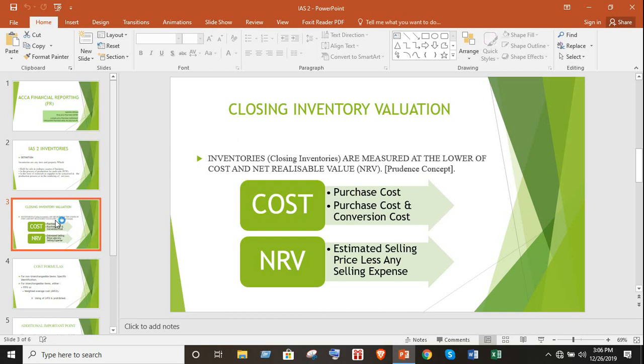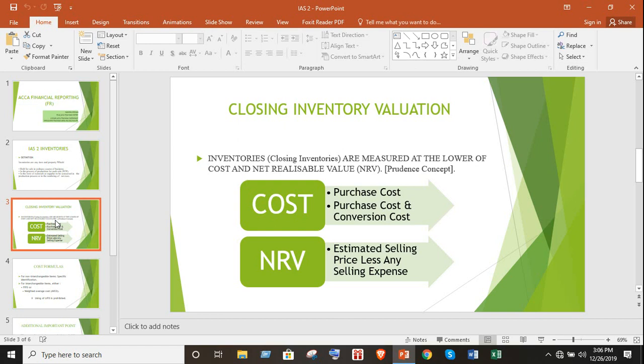What does cost mean? Cost means, for the inventory you have purchased or produced, all the attributable costs that are directly related to bringing the inventory to its current condition. When you identify the cost, you can consider the nature of business.